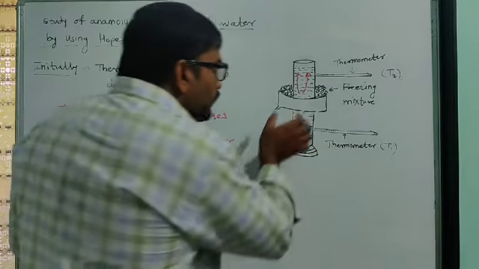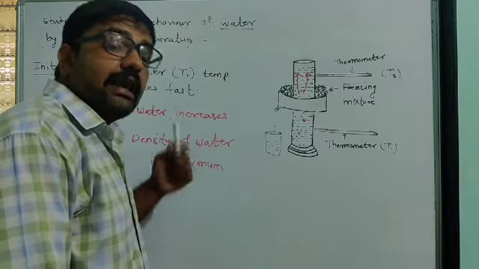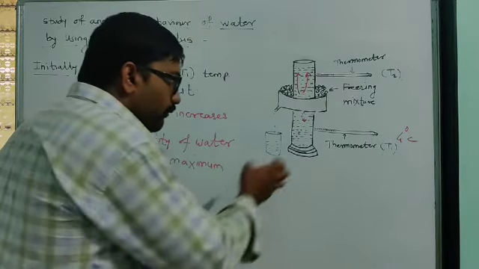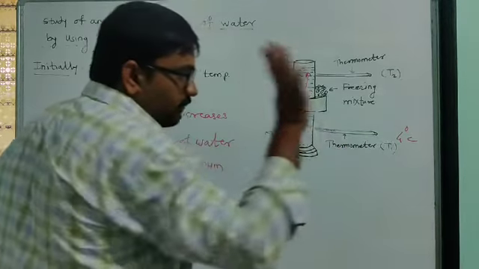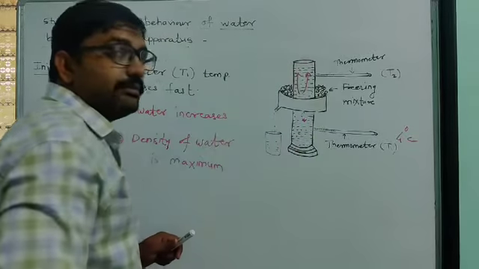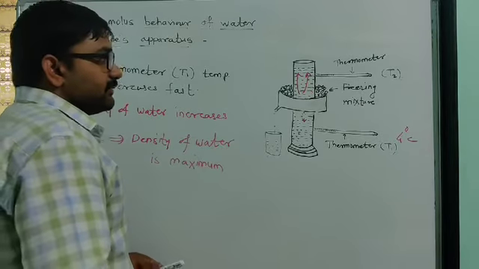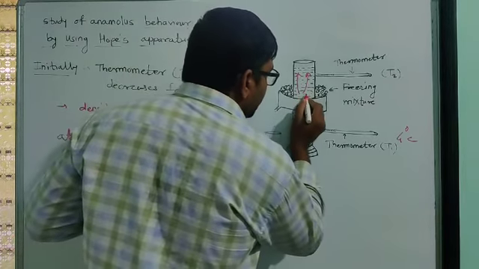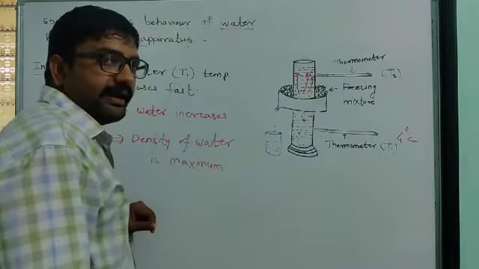The water here remains at 4 degrees Celsius because it is of higher density, but the water that came in contact with this freezing mixture falls below 4 degrees Celsius, its density decreases, so it will move towards the upward side.